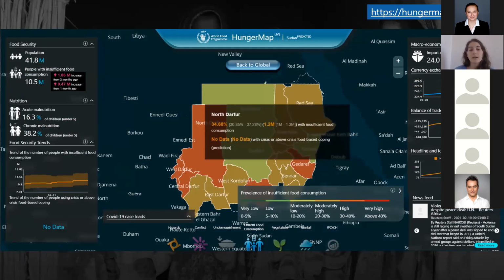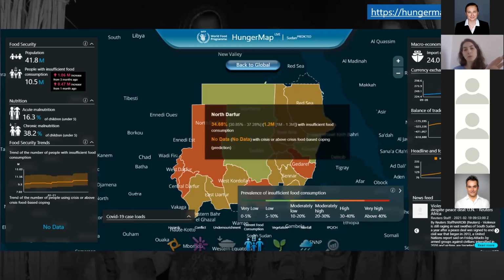For example, in this area, we only predict food consumption. We don't predict crisis like rCSI, just because we only do that for a few countries where there's enough information and training data.